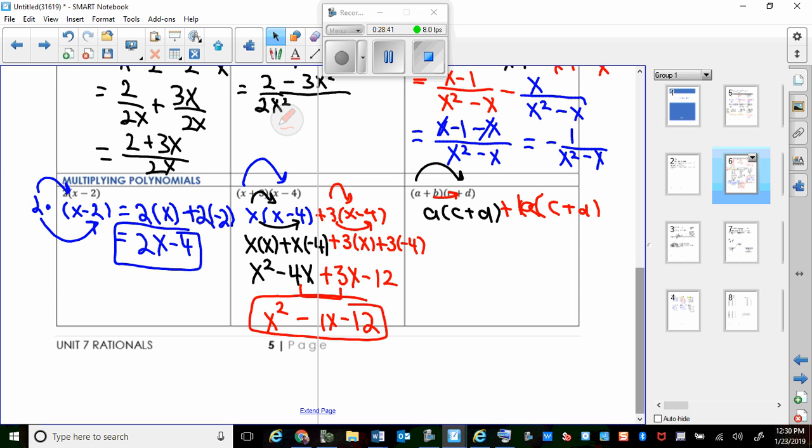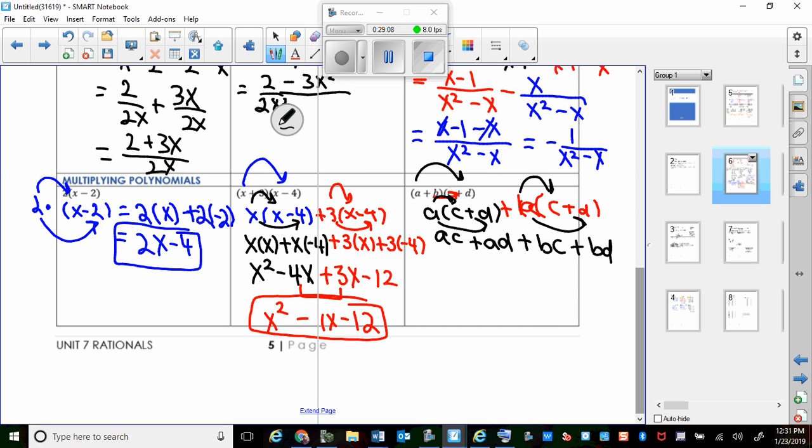Then you have to distribute again. A times c is just ac. A times d is ad. B times c is bc, and b times d is positive bd. And if you'll notice, there are no like terms here, because you're working with all variables. So that's the end of this section.